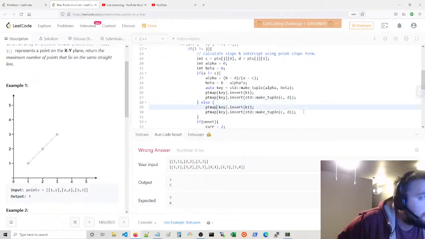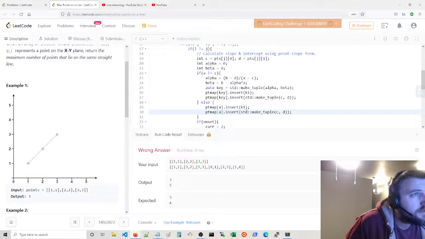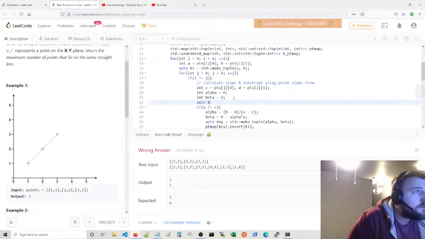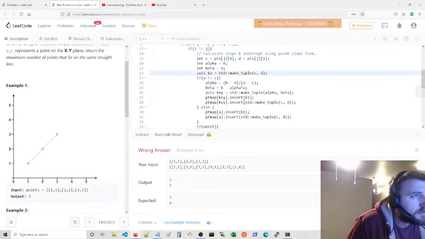You can just say the key is A, and we're going to insert both of these, K1 and auto K2, C and D. Okay, so this is going to be K1 and K2.